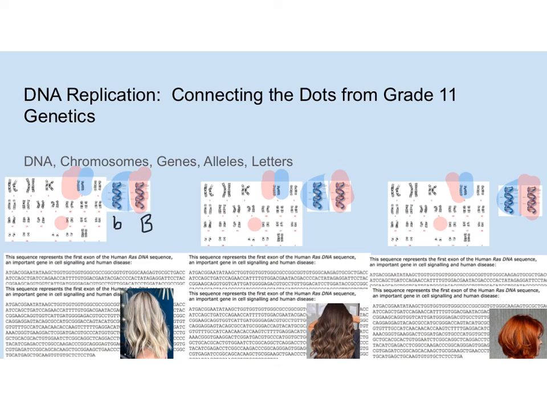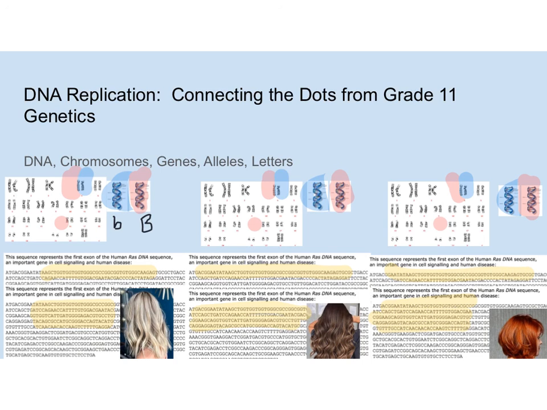Now, what we're saying is that these instructions are in the form of all these different series of letters. That's what gives the instructions to have black hair or to have blonde hair. So if we look across these three individuals, I have someone that has red hair, someone that has brown hair, someone that has blonde hair. They're going to have almost the exact same coding because it's all going to code for hair.